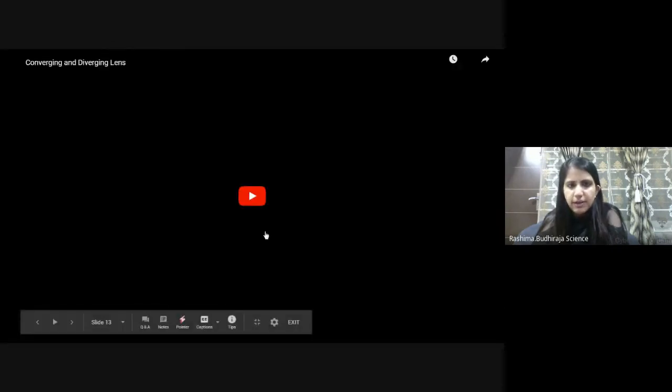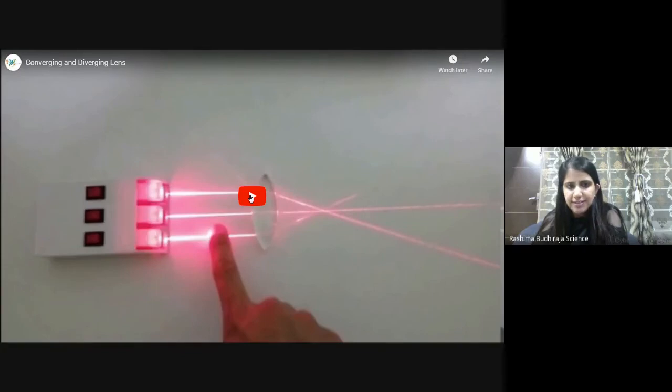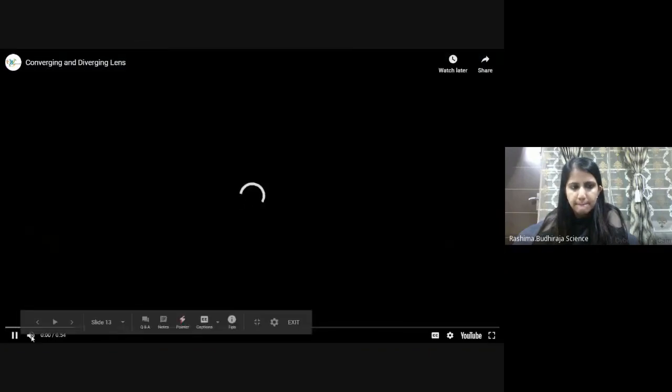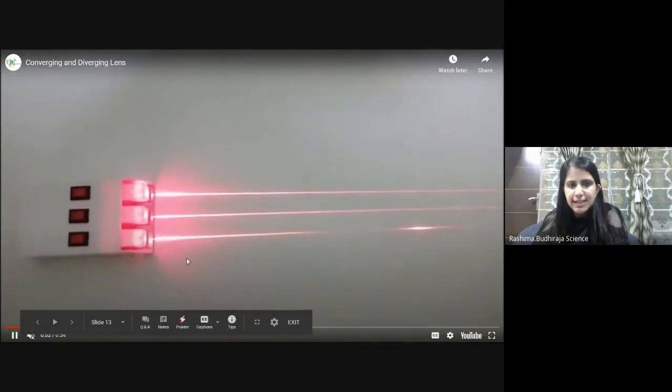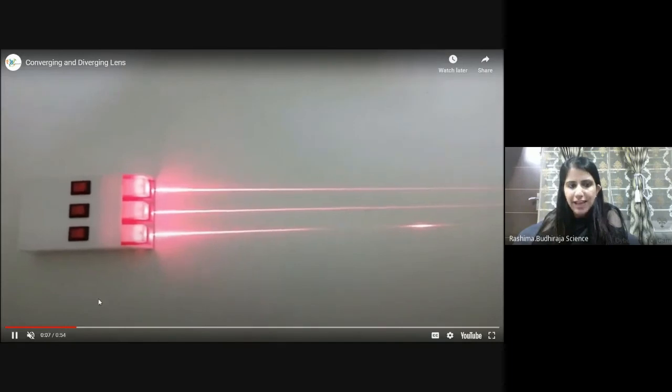Children, in this video, we will be able to see how the light rays are getting refracted by both the types of lenses. Children, this is an incident parallel beam of light.